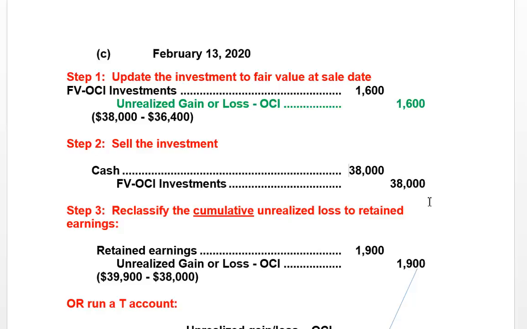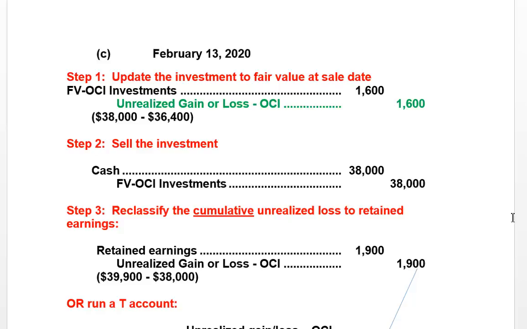Same thing here. Whenever we sell a fair value through OCI investment, we have to realize that any of those cumulative unrealized gains and losses that remain in our accounts as a result of that investment also have to be released. So what would we do? We transfer them, because it's without recycling, we transfer them or reclassify those cumulative unrealized gains or losses to retained earnings.